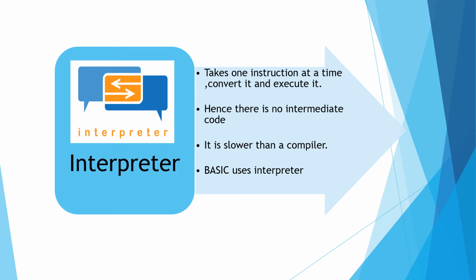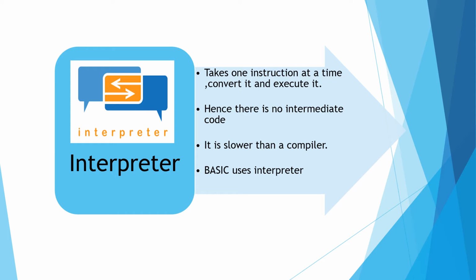Hence there is no intermediate code generated, but this means that the program has to be converted every time before execution, because every instruction is executed separately.